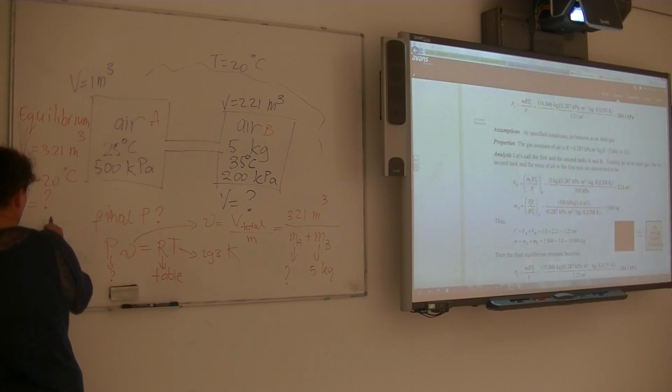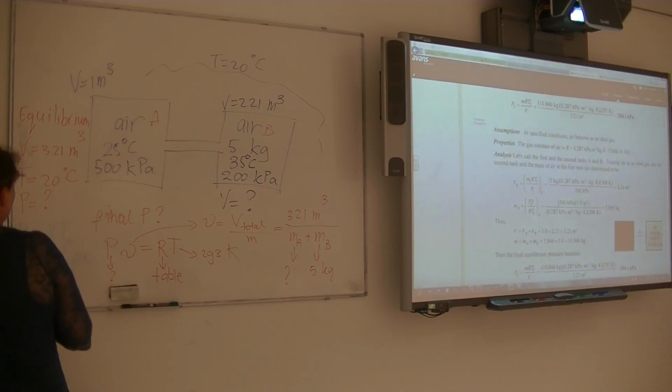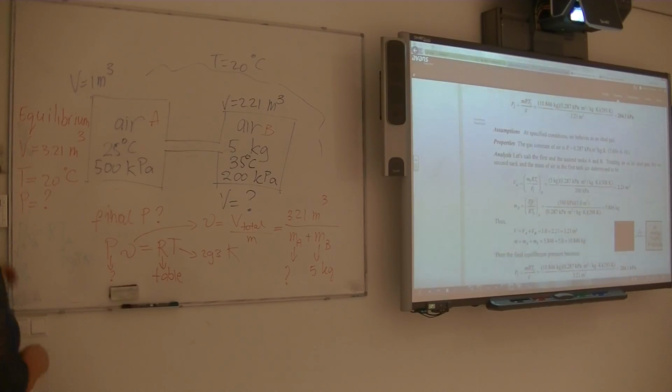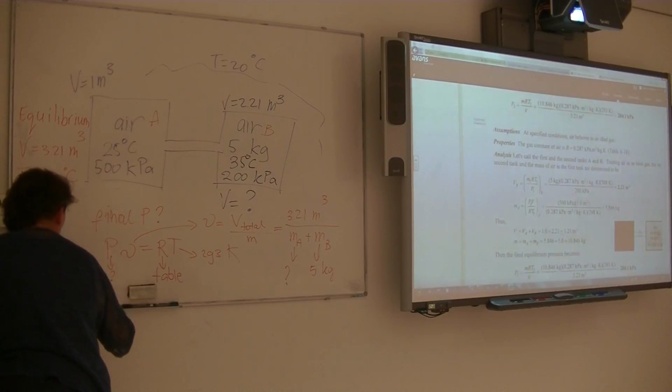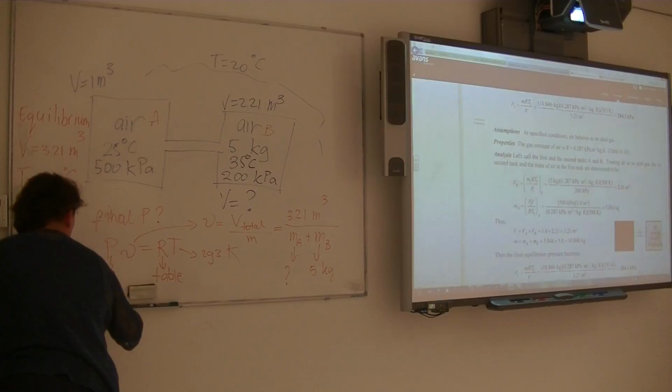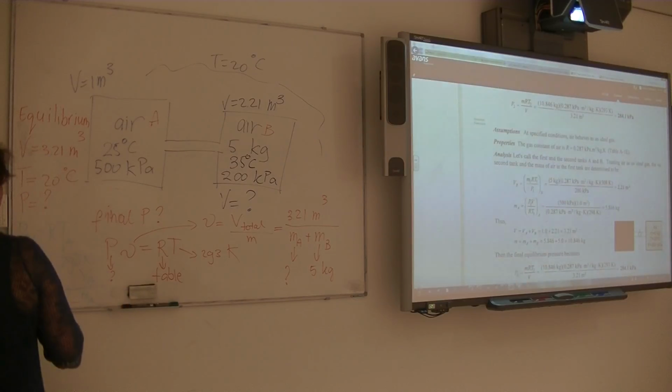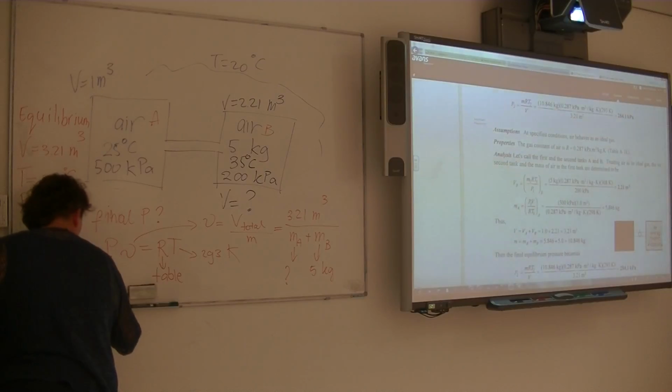We can find R in the table, and then calculate the specific volume in tank A, which equals the total volume of tank A divided by the mass of the air in tank A. The volume in tank A was 1 cubic meter.